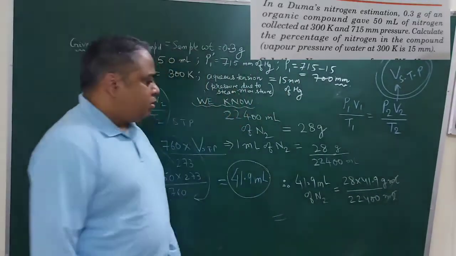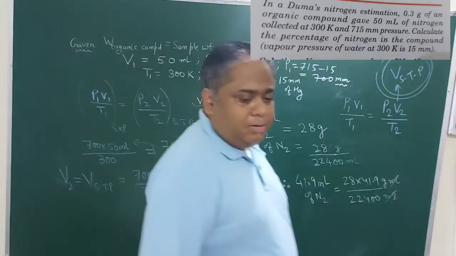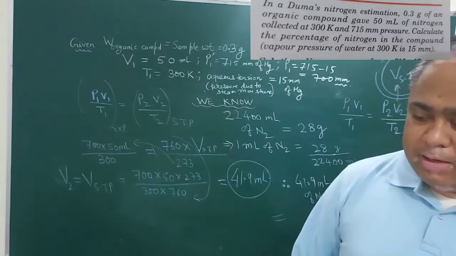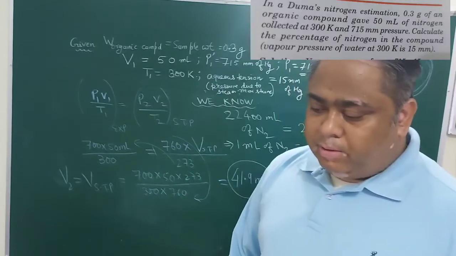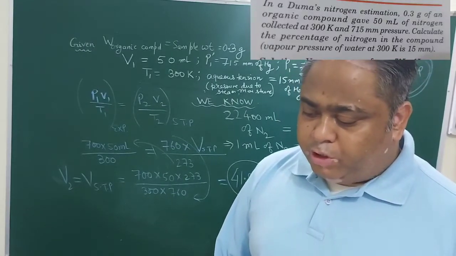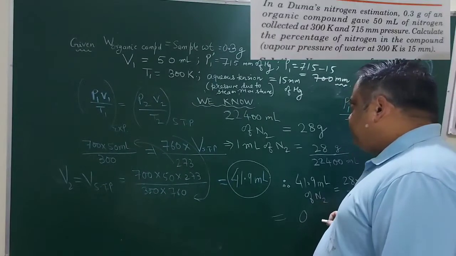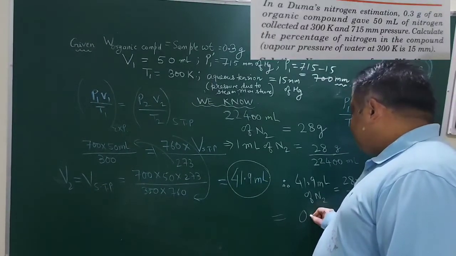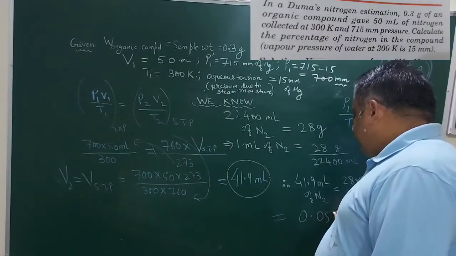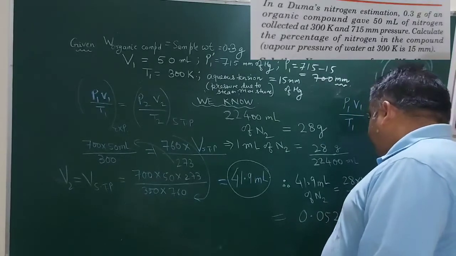Always show the units, because if you do not show the units at the end, then half marks is deducted. So it comes out to be 0.0524 gram.